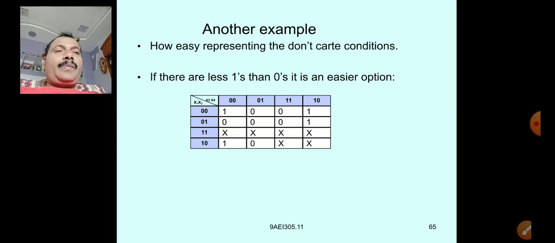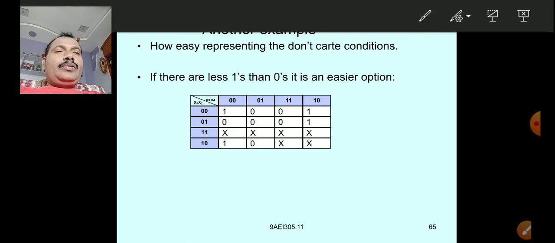Now here if you observe, by taking the don't care conditions, you can form this group, one quad.